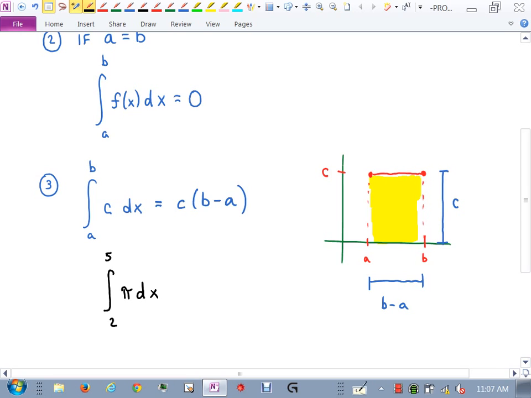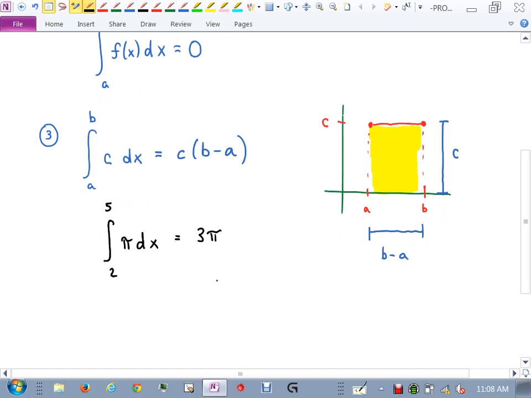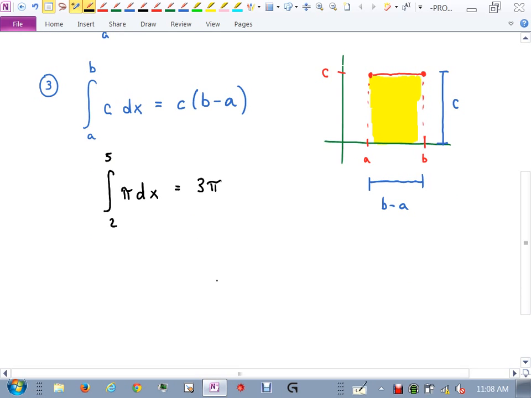All we have to do is say, hey, look, that's a constant. So I know that it's going to be this minus this, 3 times pi. So 3 pi should be the answer. It's just a quicker way of doing it without having to actually work it out. All right, so that's our third property.